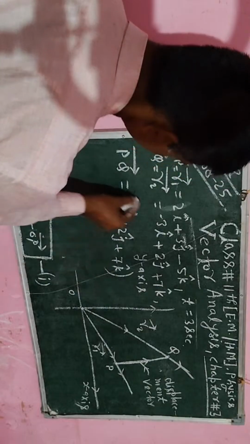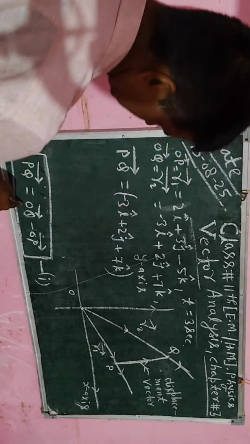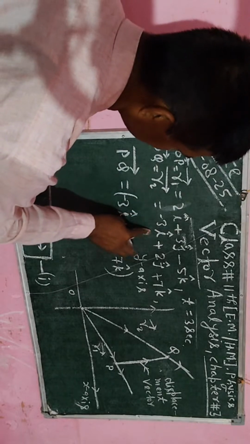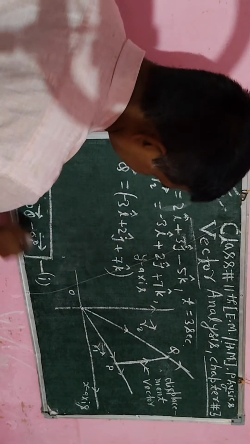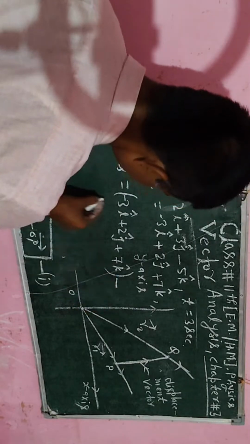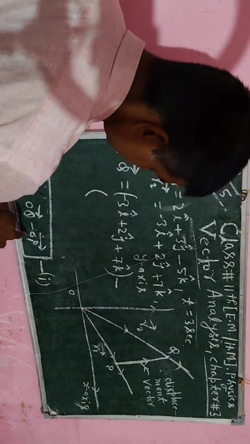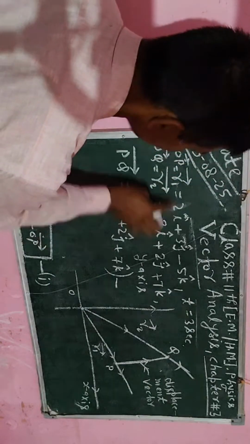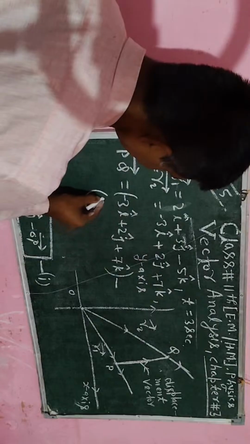So in the place of vector OQ I have put its value here. Now there is a minus sign, so I will put a minus sign here. Again in a bracket I will write the value of vector OP. The OP is R1 and its value is given in vector form.